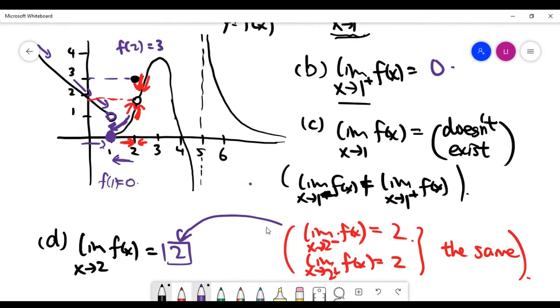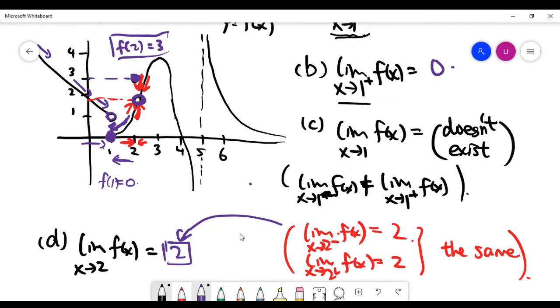The value that f of x approaches may not be the same as the actual value of f of x at that particular point. Like this case, f of 2 is 3. There's no doubt because the full dot is here. However, when x is approaching 2, the f of x is actually approaching 2.